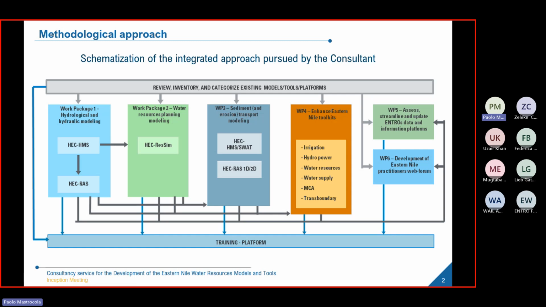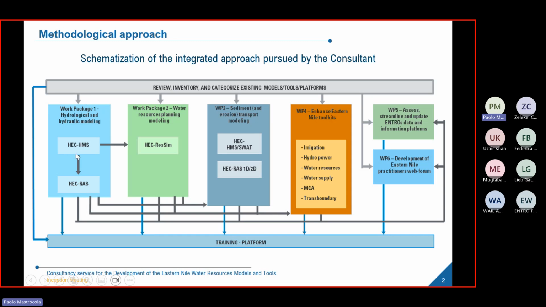Then we focused on QGIS, that is a kind of cross-sector, cross-package software. Then we had a session about HMS, the hydrological modeling in work package 1, and today and tomorrow we will focus on HEC RAS, which is the hydraulic model that was used under work package 1.